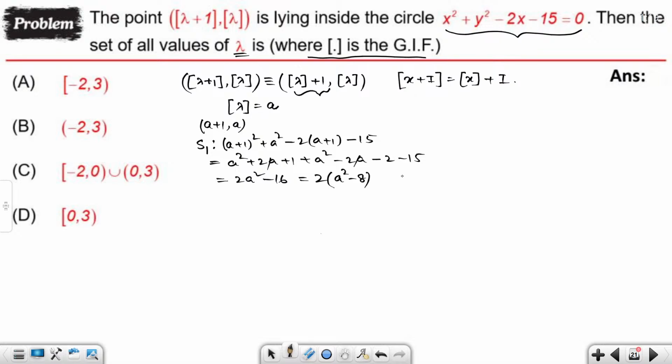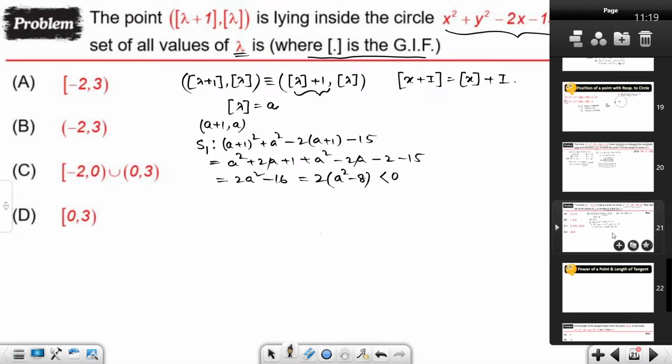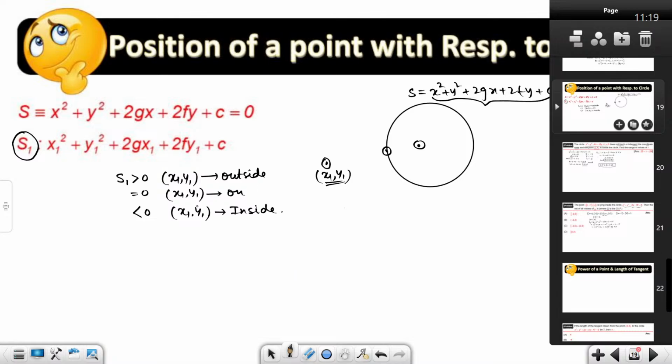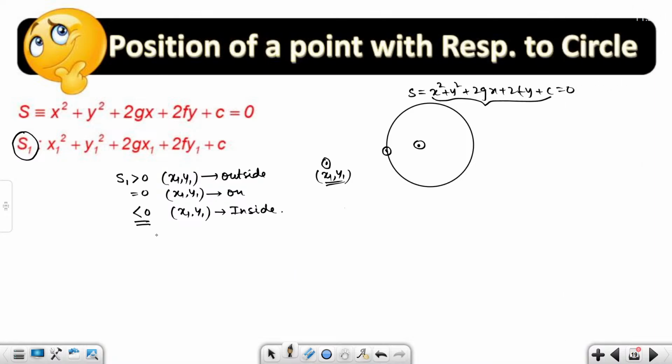They have said that the point is inside the circle. Hence, your S1 will definitely be less than 0. Just now I have explained this. If S1 is less than 0, then what do you say? The point is inside the circle. That's exactly what I have done here.